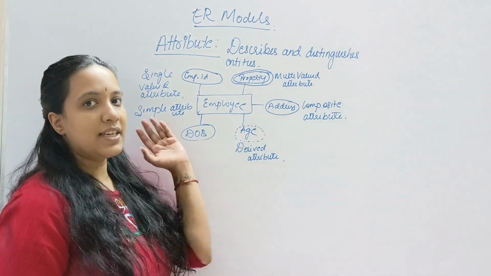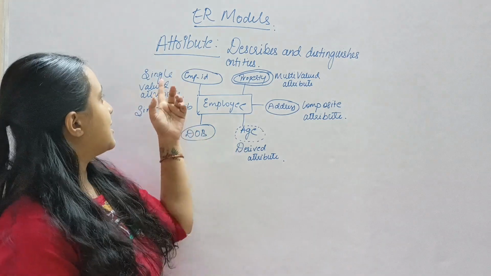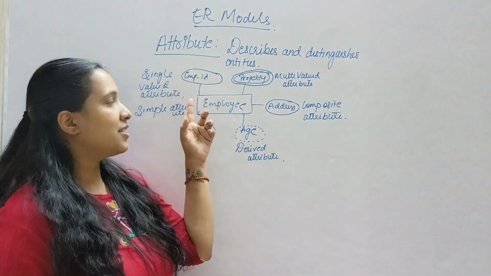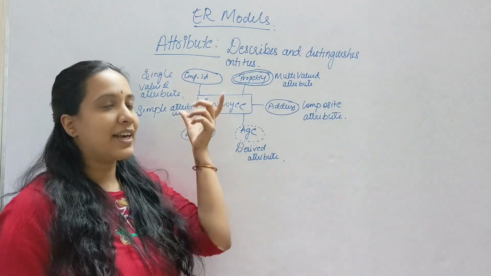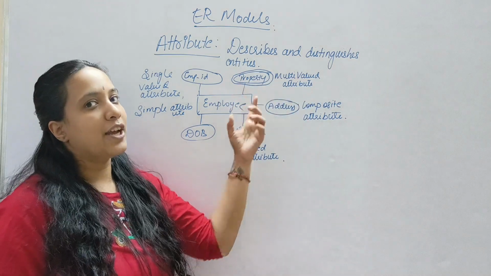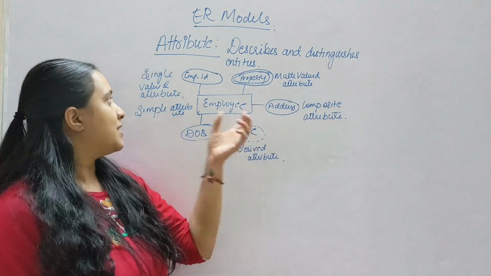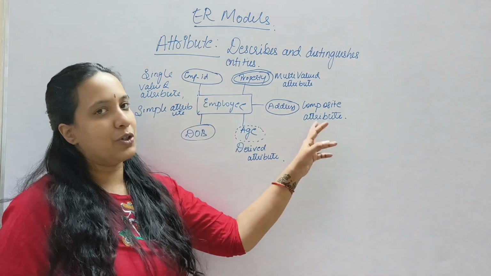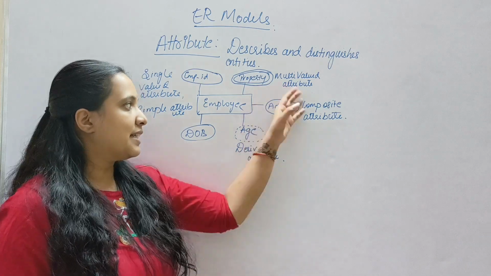So these are the different types of attributes. One is the single valued attribute, which can have only one value. The simple attribute is the attribute which cannot be further divided. Multi-valued attributes can have more than one value for a given employee. The composite attribute is the exact opposite of the simple attribute, that is, it can be divided further into different attributes like city and so on.